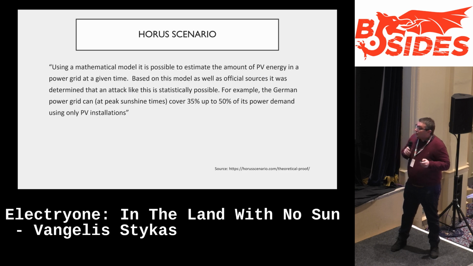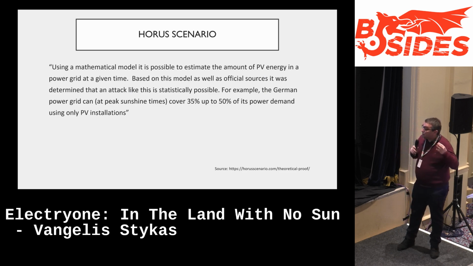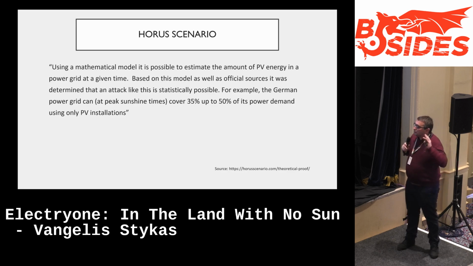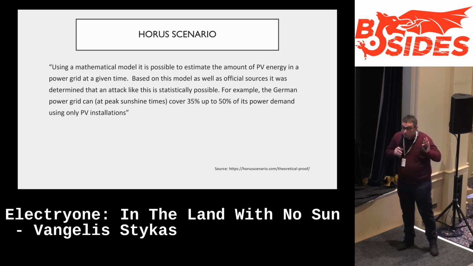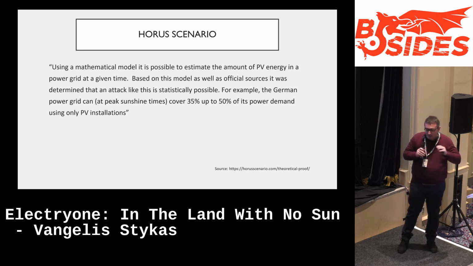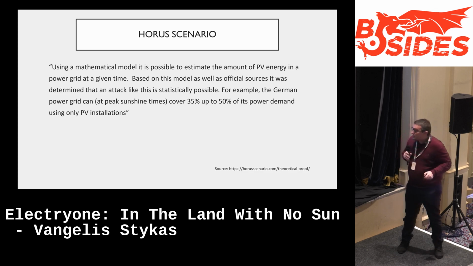Unfortunately, we can use a mathematical model to estimate the amount of PV energy in a power grid, but we cannot be so precise. The German power grid at that time covered 35 to 50% of its power demand using only PV installations. This number has changed now.